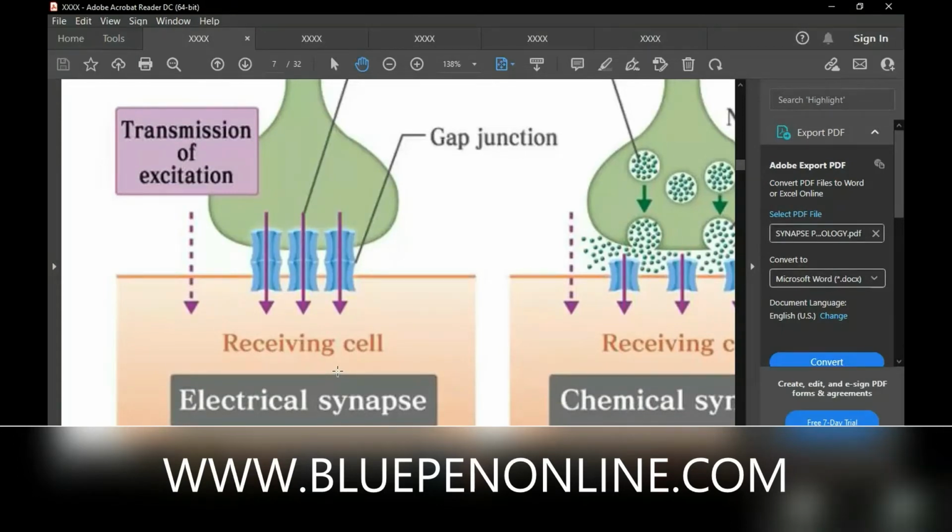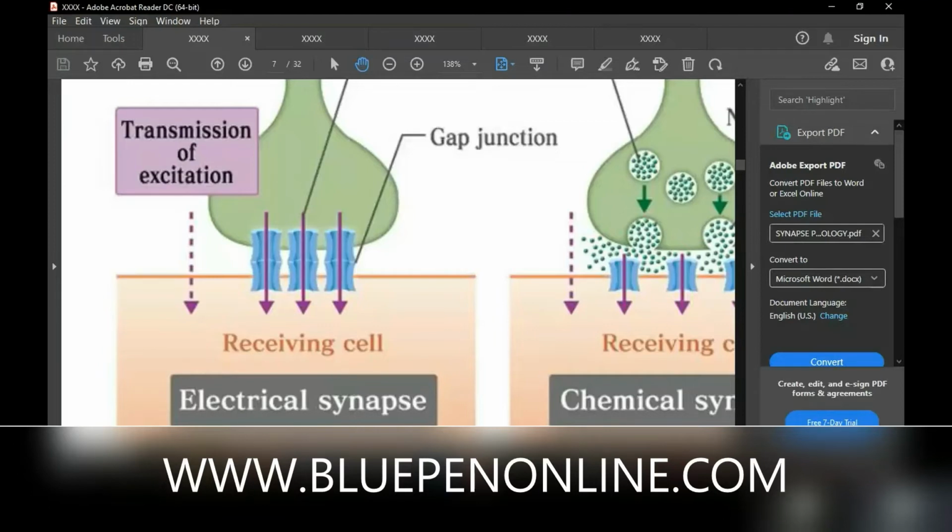And there won't be much delay in the transmission of impulses in the case of electrical synapse. That is the second difference between the electrical and chemical synapse: the time taken for impulse transmission will be less in electrical synapse compared to chemical synapse.